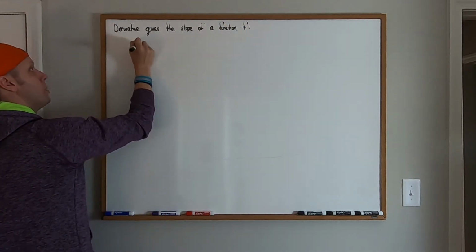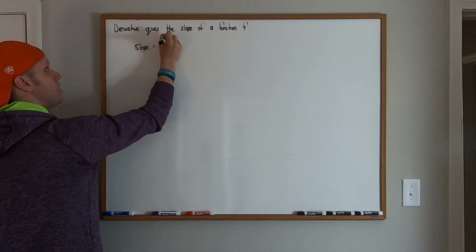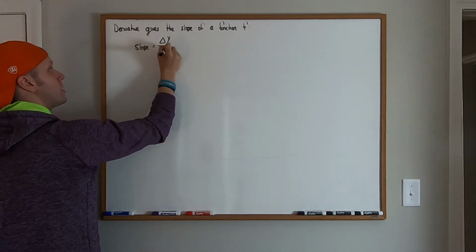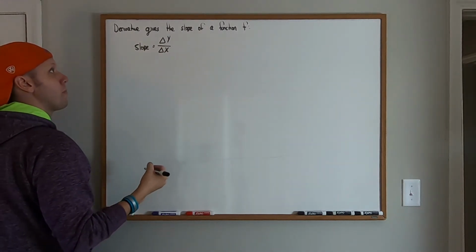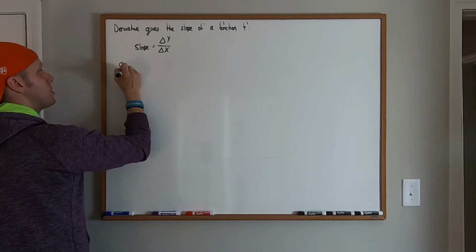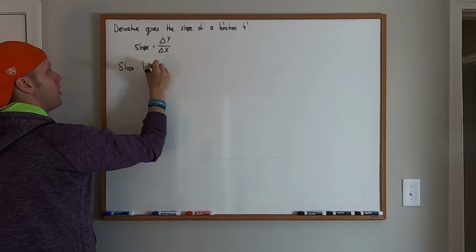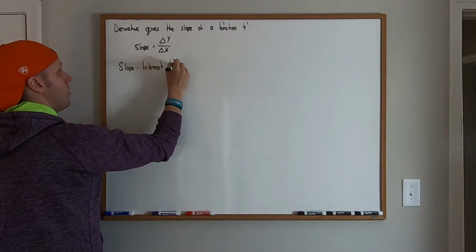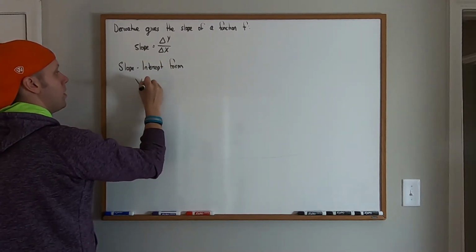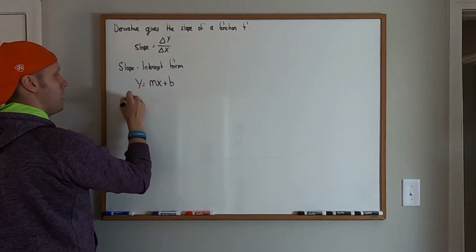You remember slope is equal to the change in y over the change in x. Well, the derivative is the slope. If you remember slope-intercept form, y equals mx plus b.